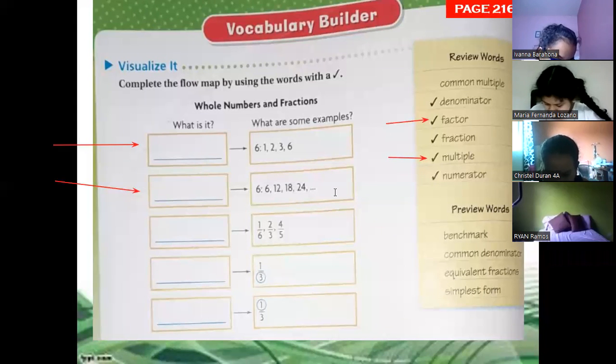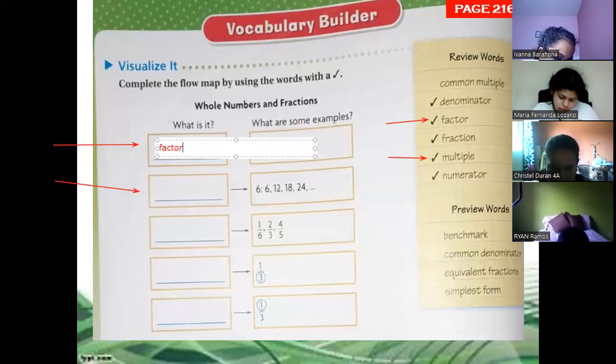Is the product going to be 6? Yes or no? 6 times 12 equals 6. Is that correct? No. 6 times 10 is 60, and 6 times 12 is 72. So it's not correct. Factors is the first group. These are factors.